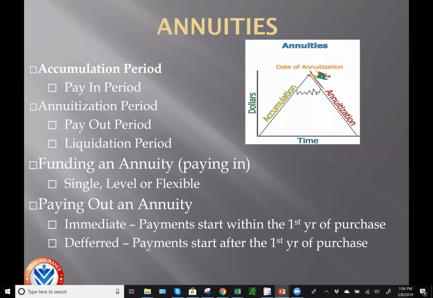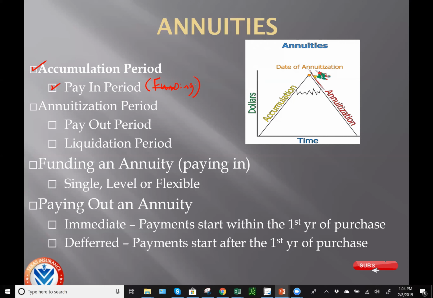All right, some more terminology for you here. There are two periods in an annuity. There is the accumulation period, also called the pay-in period. This is where you are funding your annuity. Now, all annuities, for the most part, are to get you close to retirement so you can start getting an income. So everybody would have a different length of annuity just depending on your age.